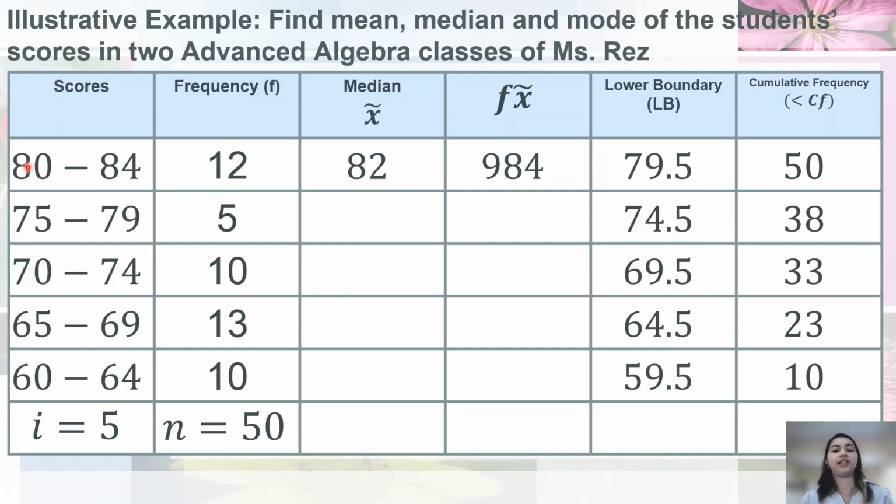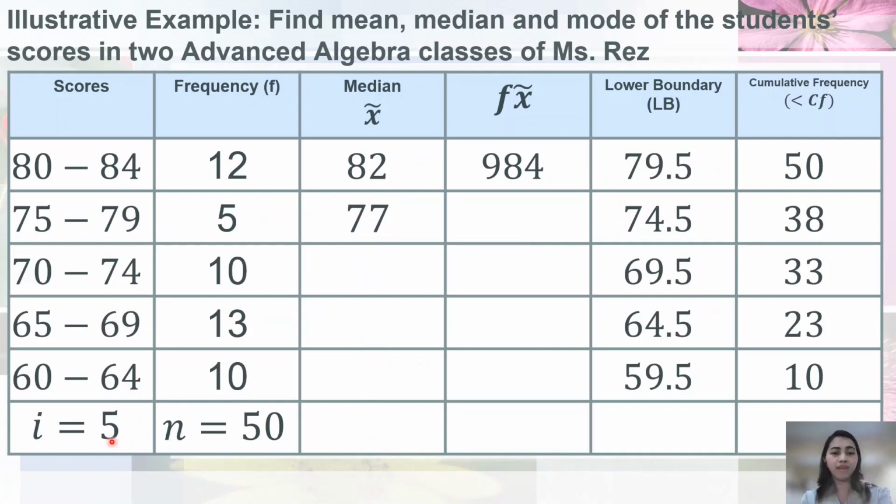Or it could be done this way: we add 80 and 84, then divide by 2, and we will have 82. Another technique: after we find the median of the first row, we can subtract the interval. So 82 subtracted by 5, we will have 77.